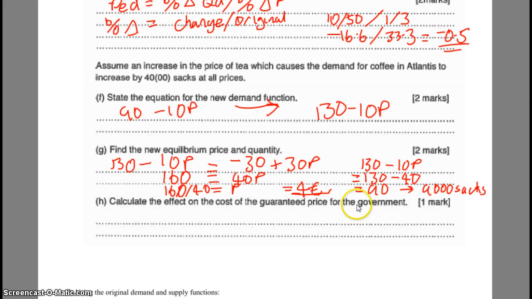the government. Okay, so because this has changed, the government guarantees a price of €4. The equilibrium price is €4, so it doesn't cost them anything because there is not a surplus.